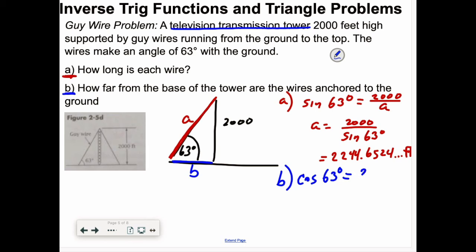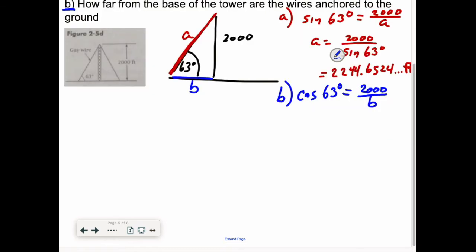That's going to be equal to 2,000 over B. Then, in very similar form, that means that B is going to be equal to a little over 1,000 feet.